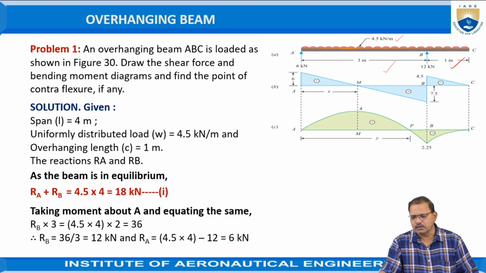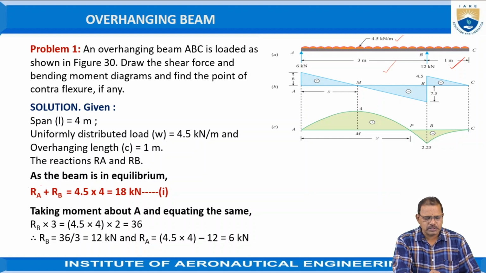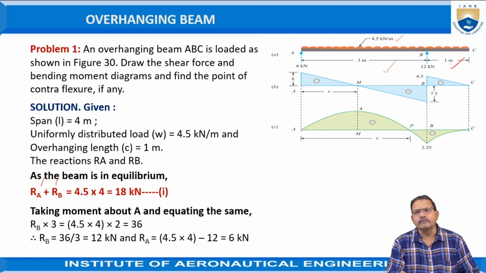The total load kept over the simply supported beam, 4.5 kilonewton per meter, the uniformly distributed load, is acting downward. Hence, RA plus RB is equal to 4.5, the rate of loading, into the total length of 4 meters, which is 4.5 into 4, equal to 18 kilonewtons.